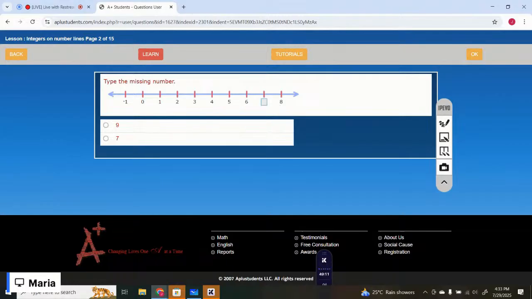Which number is missing? That is 7. Option number 2 is the correct option.